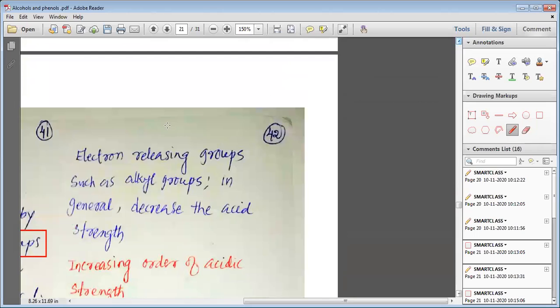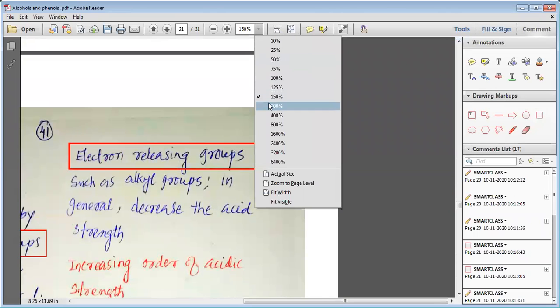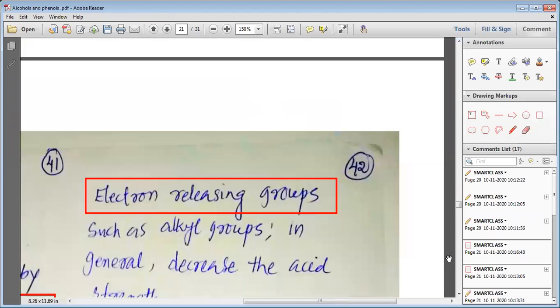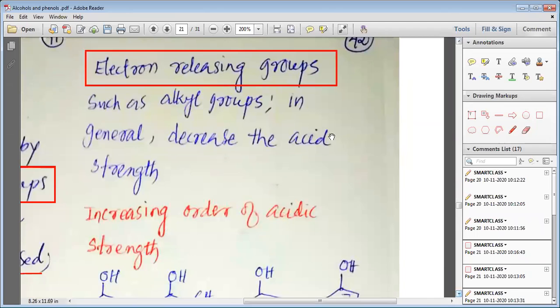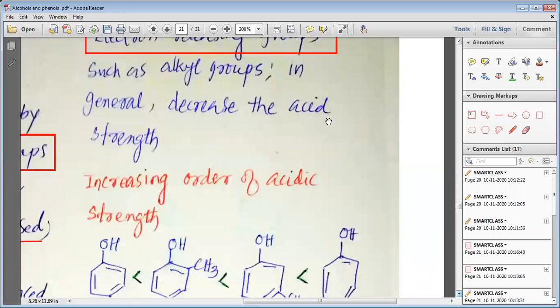Now, my dear students, electron releasing group. Now, on phenols, if we have electron releasing groups, then let us see what is the effect of electron releasing group on the phenols. So let us look at the effect of electron releasing group on phenol, or if the phenol is substituted with the electron releasing group, what is the effect?